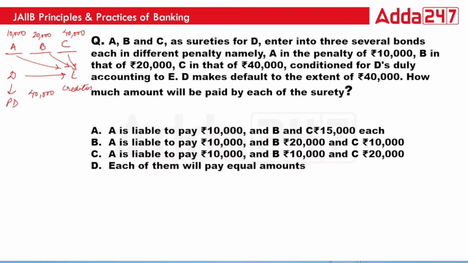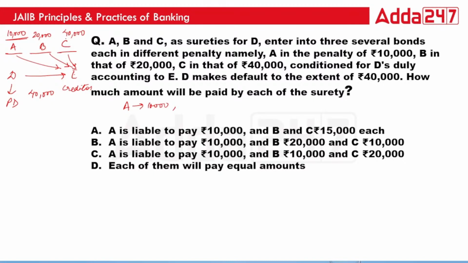So when there are unequal guarantees given by guarantors, the first person, because he is giving 10,000 guarantee, will pay 10,000. So A will pay 10,000. Now if B pays 20,000, C has taken more guarantee terms.